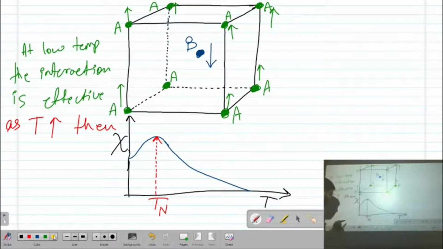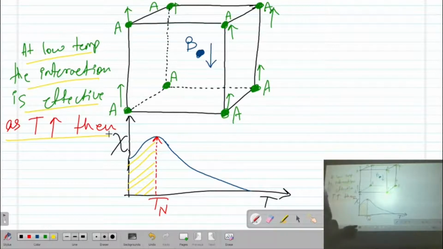In this part of the temperature region, the material will behave as antiferromagnetic. As the temperature is low, the interaction is effective. As we increase the temperature, the efficiency of interaction decreases and susceptibility increases. You see, susceptibility is increasing.